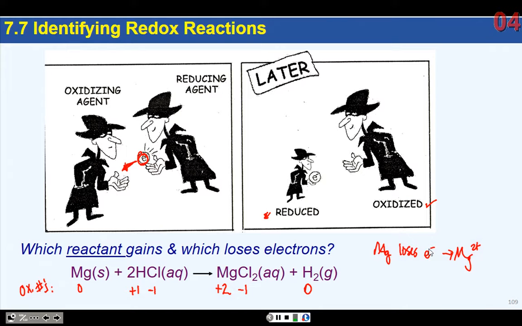And by contrast, the hydrogen ions will gain electrons and they become neutral atoms in the hydrogen molecule. And so losing electrons, that would be the substance which gets oxidized, and the hydrogen ions are getting reduced.